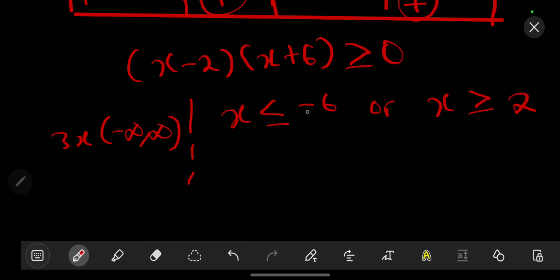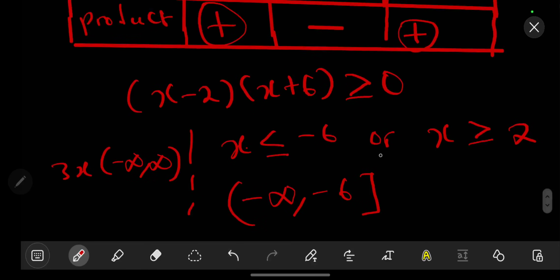So this written in interval notation means that if x is less than or equal to negative 6, the smallest is negative infinity, comma, negative 6, close bracket, to show that negative 6 is included. Or means union. Combine it with our value, which is, if x is greater than or equal to 2, it means the smallest is 2. Then we go to positive infinity, that's the highest value.